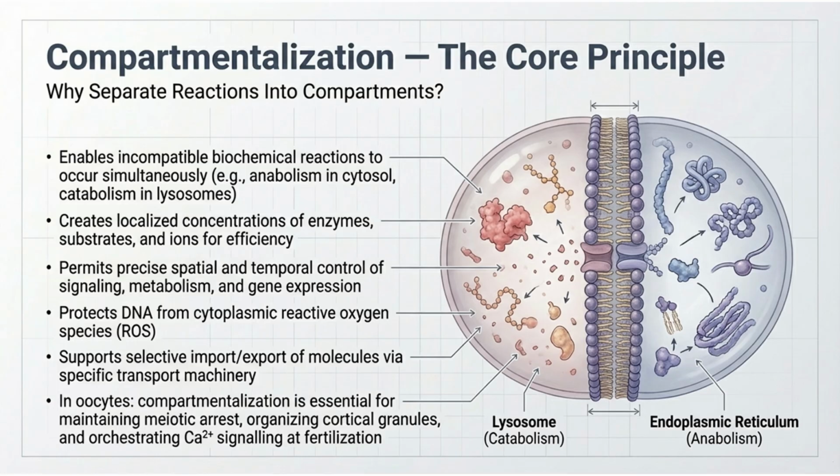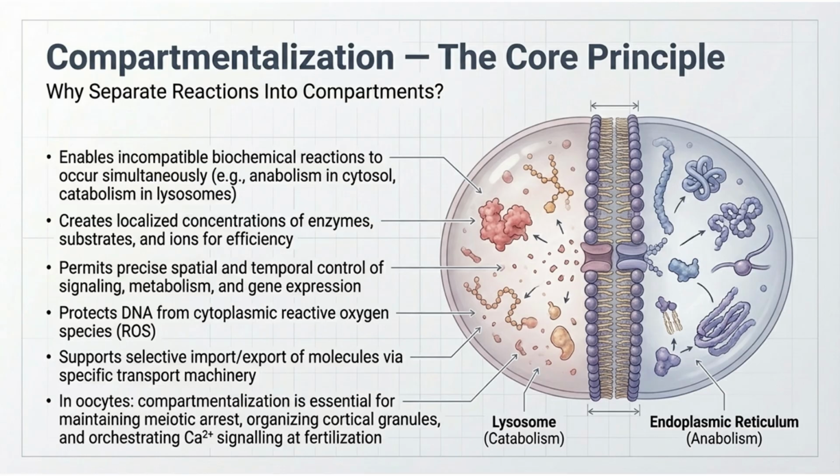When a calcium wave propagates across an oocyte at fertilization, it is not random diffusion. It is the controlled release of calcium from a specific subcellular compartment, the endoplasmic reticulum, in response to a precise trigger. The architecture enables the signal itself. Fourth, and critically for gametogenesis, compartmentalization protects deoxyribonucleic acid from cytoplasmic reactive oxygen species.